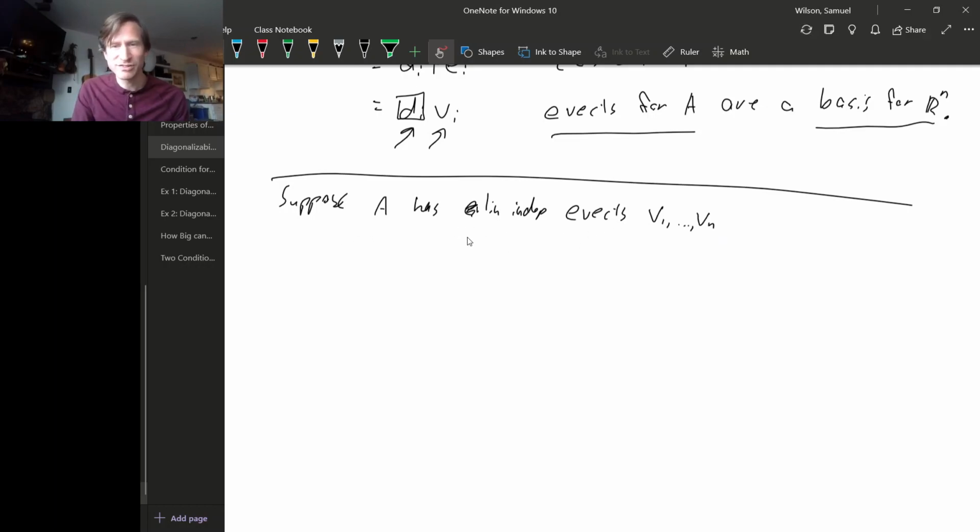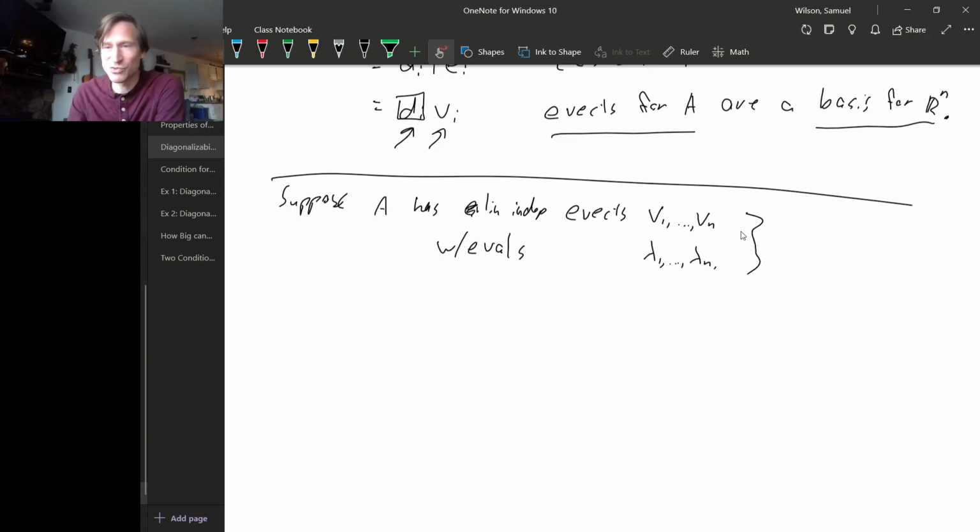And also, let's assume that the corresponding eigenvalues are lambda 1 through lambda n. Now, some of these eigenvalues might actually be repeated, right? It's possible to have two linearly independent eigenvectors with the same eigenvalue. Okay, so this is our setup.